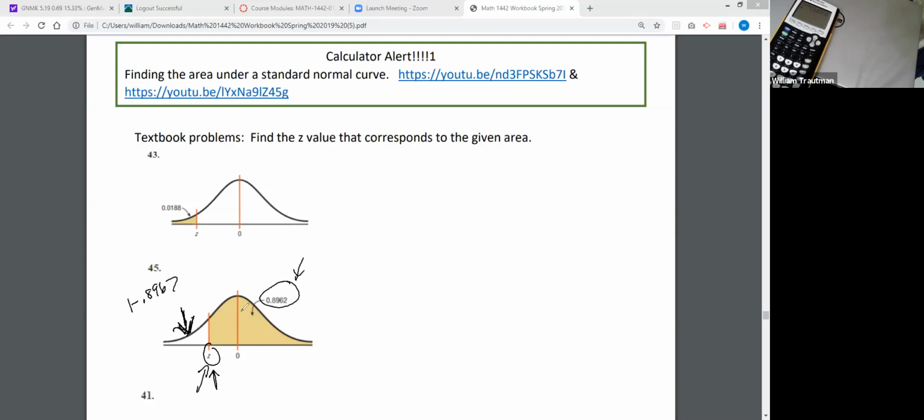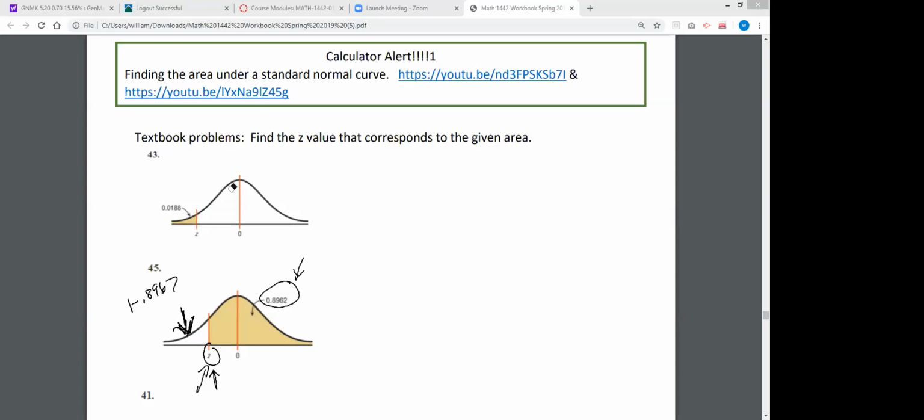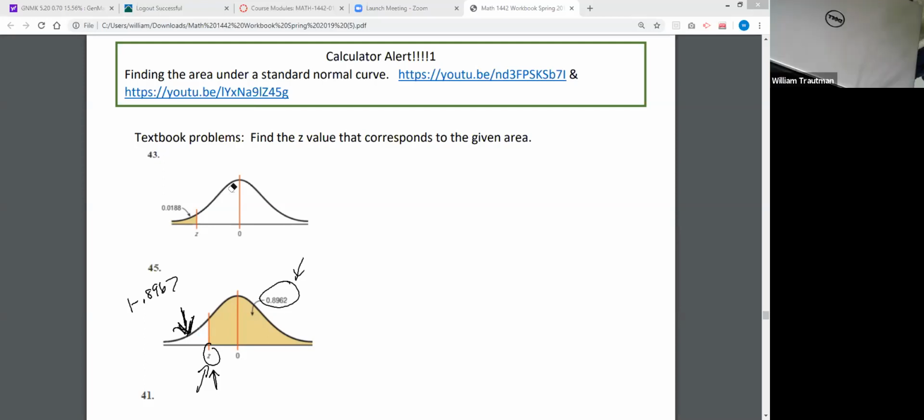Do you see this side and this side have to add up to 1? They both have to add up to 1. So we take 0.8962 and subtract it from 1. 1 minus 0.8962. So this is the number I'm going to type into my calculator: 0.10.